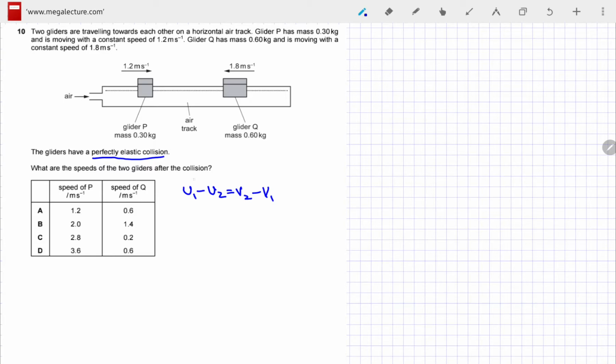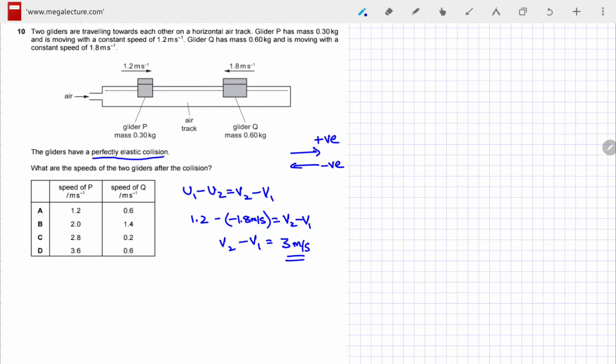So we have u1 is 1.2 meters per second, u2 is minus 1.8 meters per second, equal to v2 minus v1. We don't know what v2 and v1 are, right? And so this gives me v2 minus v1 equals 3 meters per second. I've chosen the coordinate system such that the right hand side is the positive direction and the left hand side is the negative direction. So we know that the difference in the two final velocities is 3 meters per second.